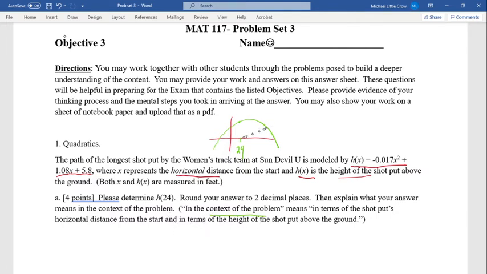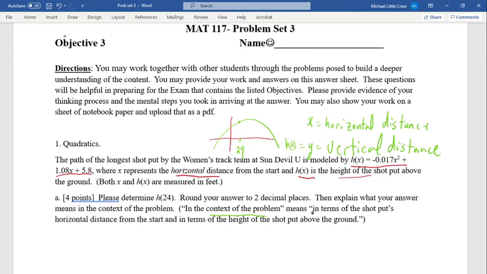The x is always how far in front, the horizontal distance, and y is going to be the vertical distance. H of x, right?